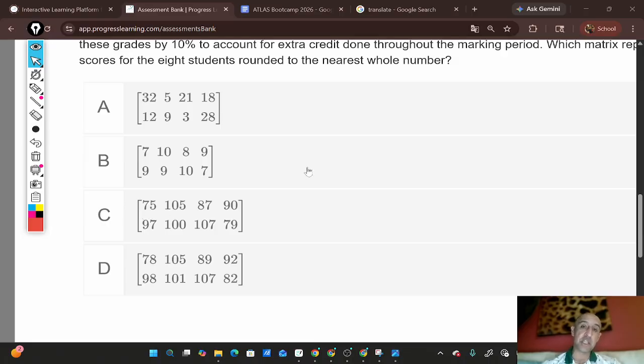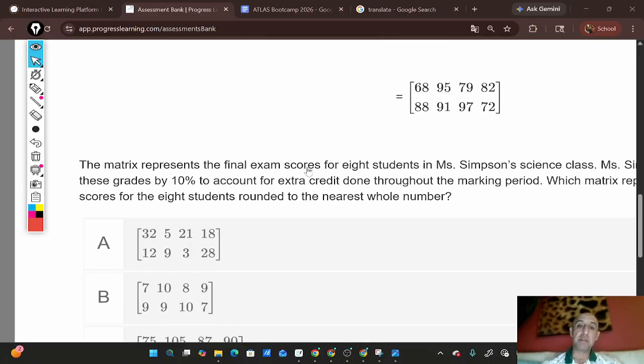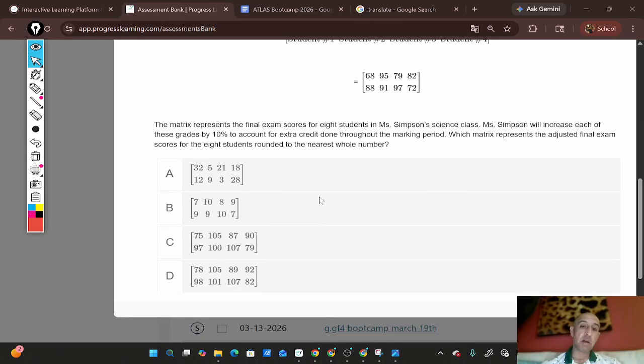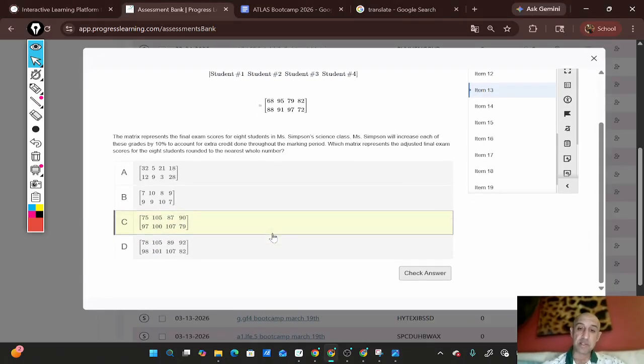We can check the rest of them the same way to figure out what the final grade of each student is based on this. So 95 will turn to be 105, and that's it. So if we choose this answer, we can see that this is the right answer.